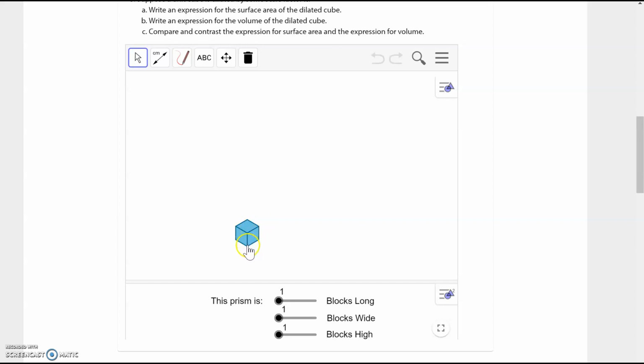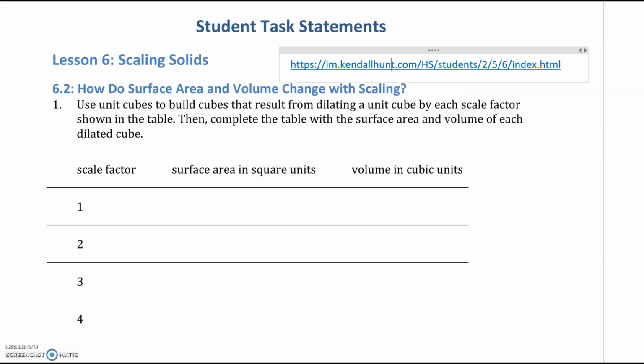How do we find the surface area of one side of a cube? Well, a side of a cube is just a square, so it's the length times the width. So the area of one side is the length of 1 times the width of 1.